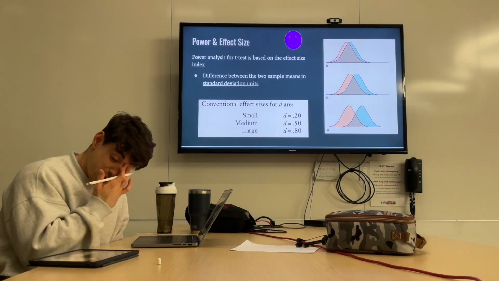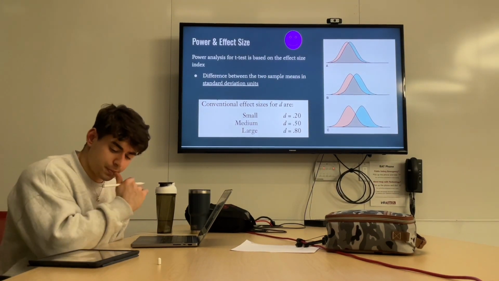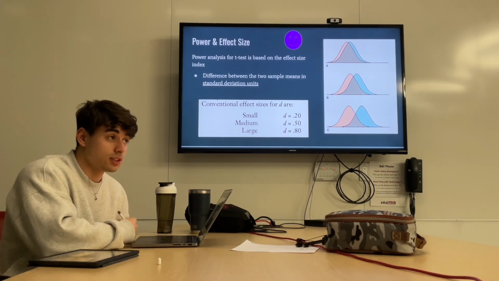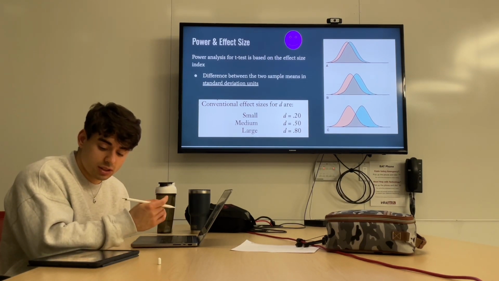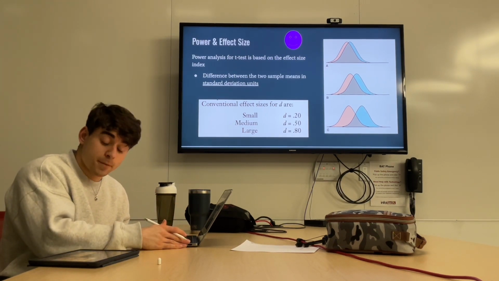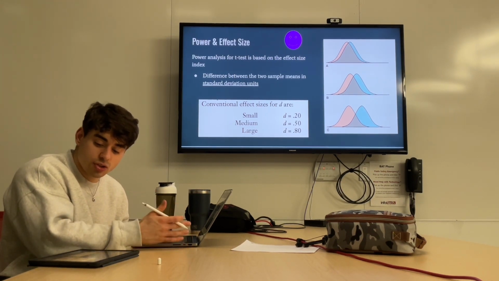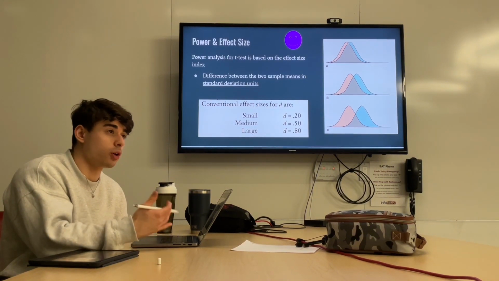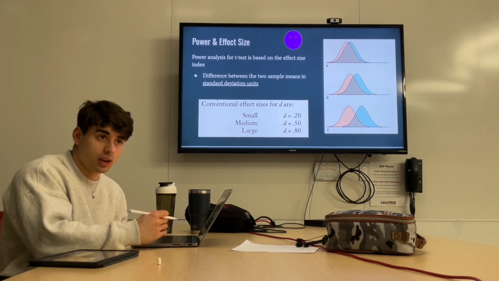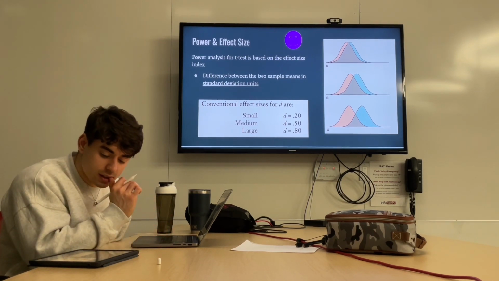All right, power and effect size. There's a lot of different effect sizes. It just wants to see how strong the actual effect of the treatment is, so how effective the treatment is.